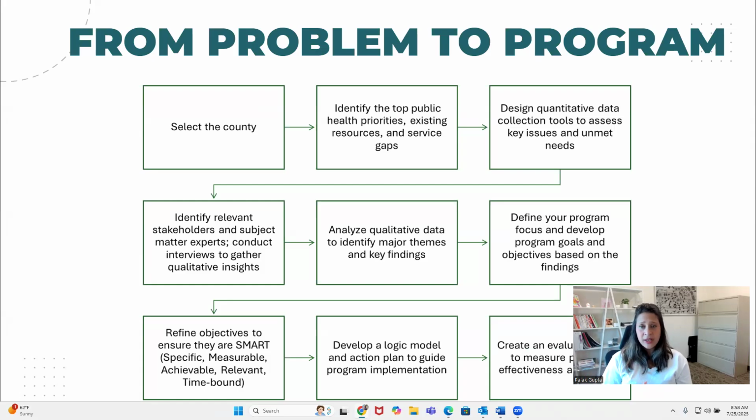Identifying top public health priorities is an independent assignment because I want them to first independently review what they think the top health priorities are. So they are required to look at what resources and what programs already exist in that community, and where the clear gaps are. I ask them to review secondary data and some reports from their community to identify what works in their community, but also where the gaps are that they are already lacking.